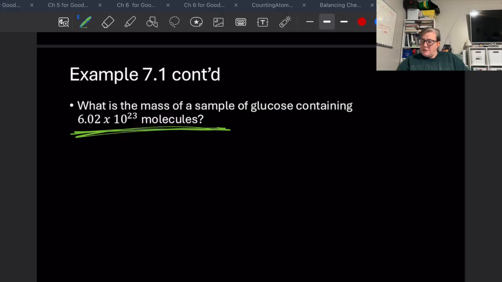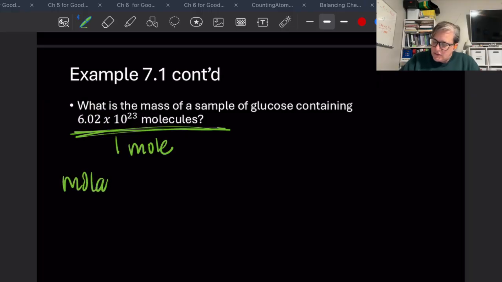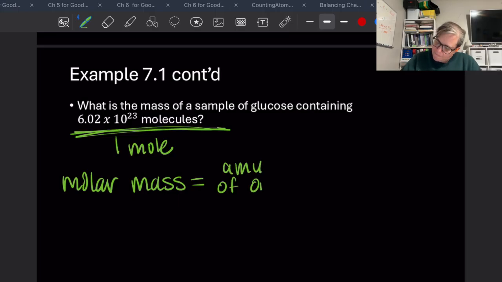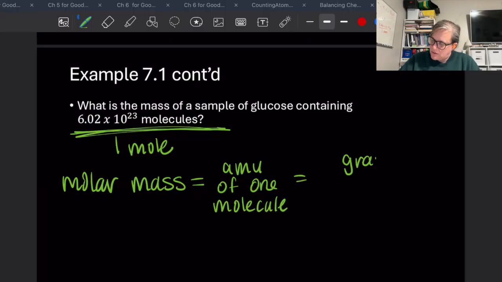So that number, 6.02 times 10 to the 23rd, remember that's 1 mole. And the molar mass is that number in AMU of 1 molecule, or in grams of 1 mole.